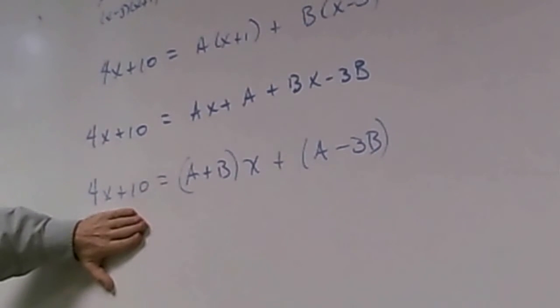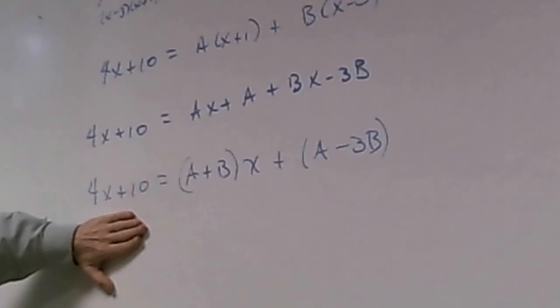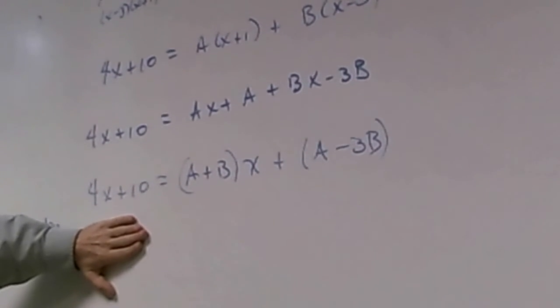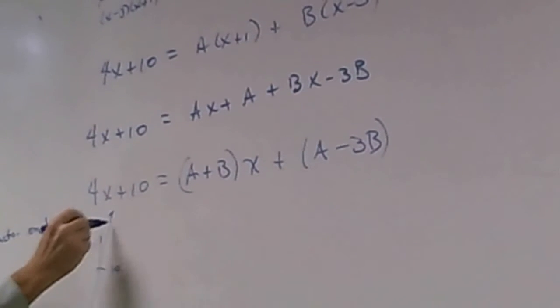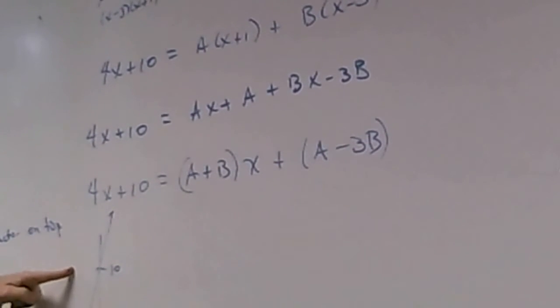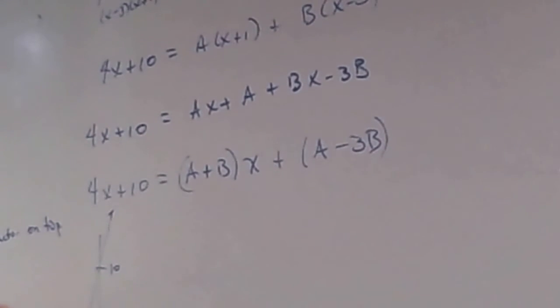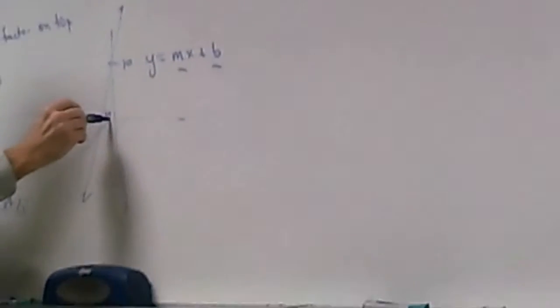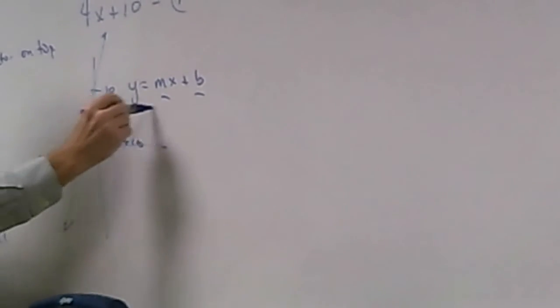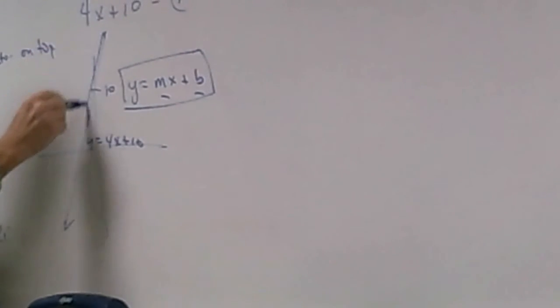Okay, what's this side? What kind of equation is that? It's a line, right? 4x plus 10 looks about like this. If I put a 0 in, I get 10 out. It's got a pretty steep slope, looks like that. How many lines, if I give you another line, and I say, look, I want another line that's right on top of that one, what does m have to be?